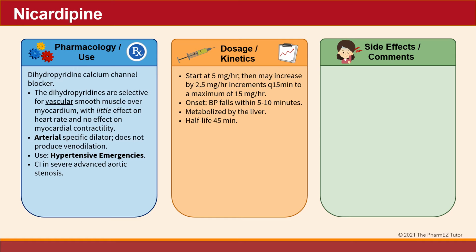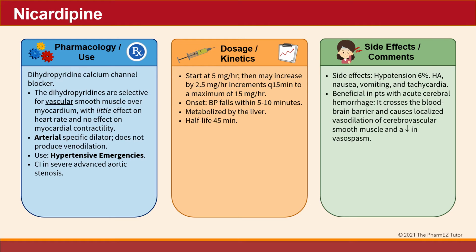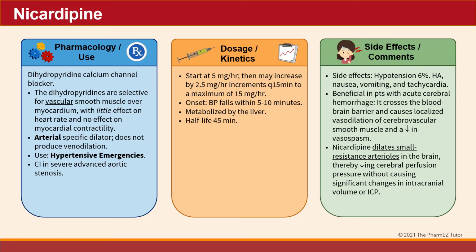It's metabolized by the liver with a half-life of 45 minutes. Side effects may include hypotension, headache, nausea, vomiting, and tachycardia. Of note is that it may be beneficial in patients with acute cerebral hemorrhage. It crosses the blood-brain barrier and causes a localized vasodilation of cerebrovascular smooth muscle with a decrease in vasospasm.